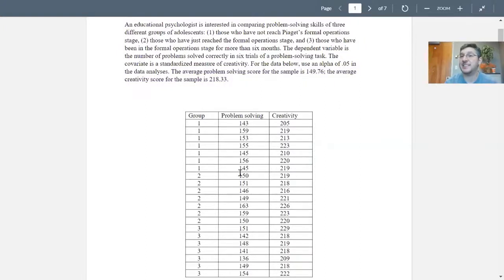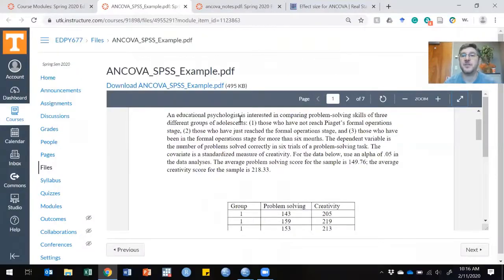So when you get these data entered into SPSS, you can just run some descriptive statistics on problem solving and creativity, just to make sure you entered them correctly. As long as you're getting the same means as what I've gotten, within rounding, then you entered your data in correctly. It's just a way to catch any entry errors.